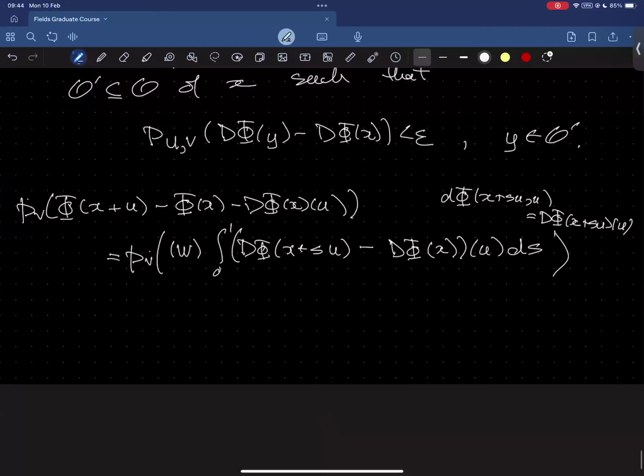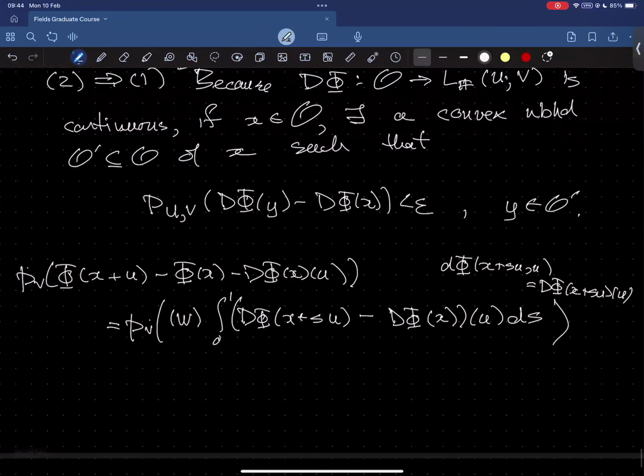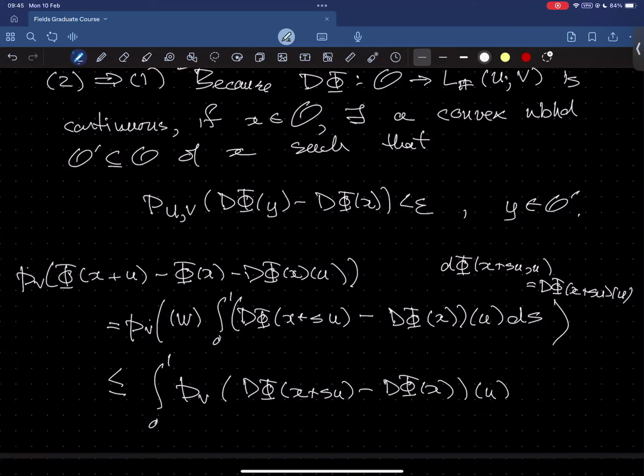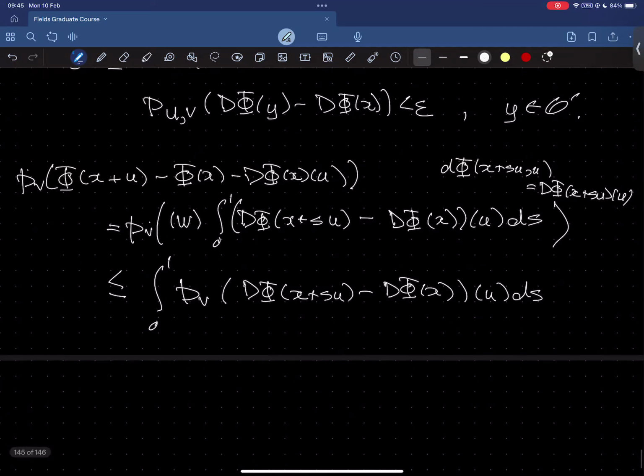Now I'm going to take the norm inside the integral. We saw how to do that, and you do it with an inequality. So this is the integral from 0 to 1 of the norm of d phi of x plus s u minus d phi of x, applied to u.